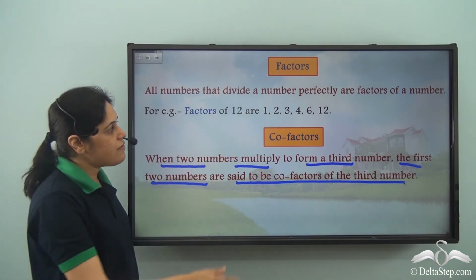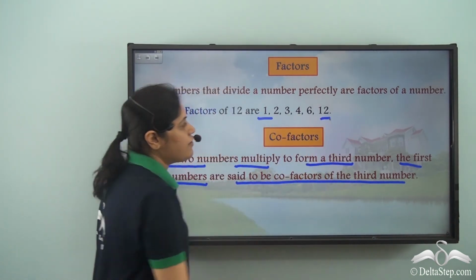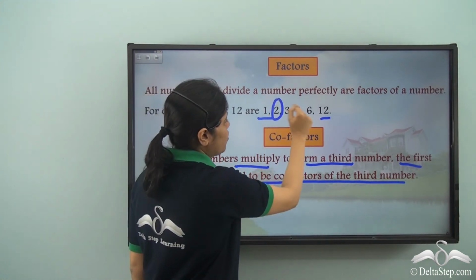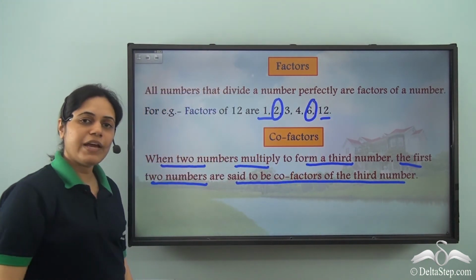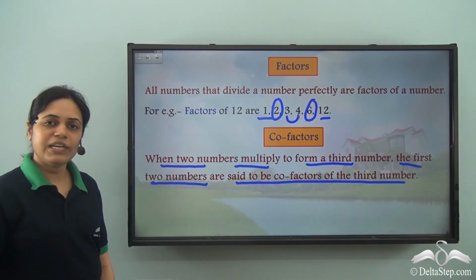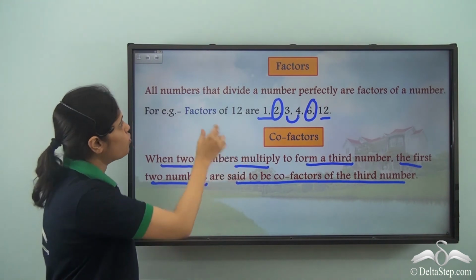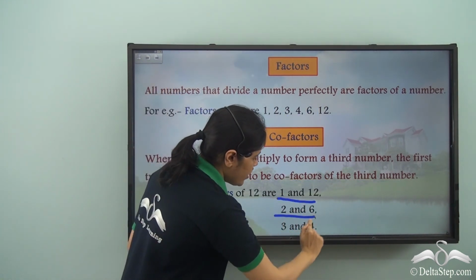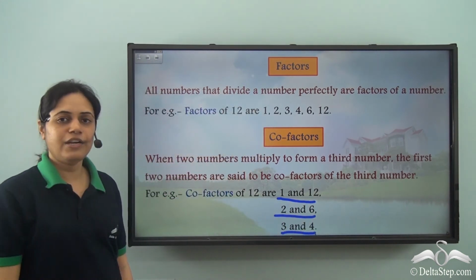So for 12, 1 and 12 multiply to give us 12. 2 and 6 multiply to give us 12. And 3 and 4 multiply to give us 12. So those are the cofactors: 1 and 12, 2 and 6, 3 and 4.